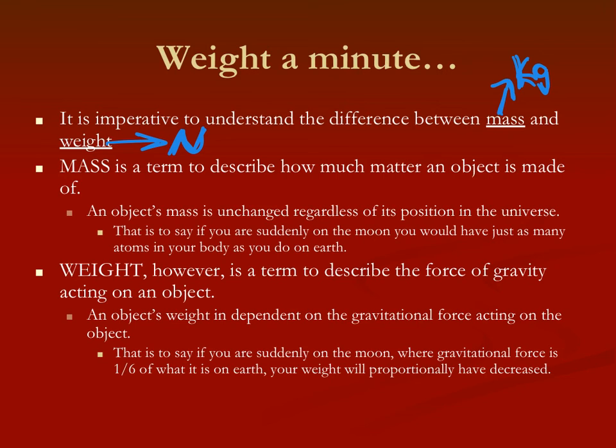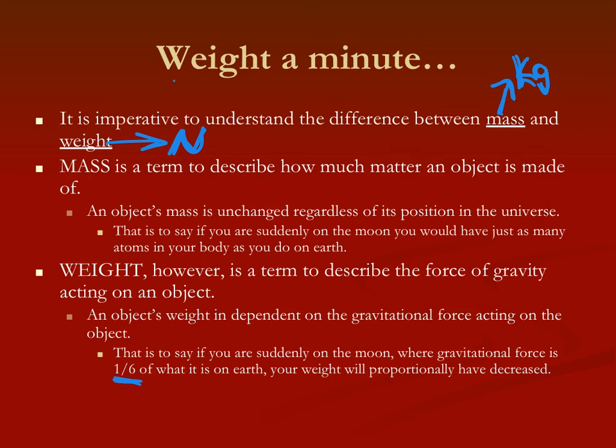You're still made up of the same amount of stuff, but the weight, if you were to step on a scale and take your weight on the moon, it would be much less. Okay? So regardless of where an object is in the universe, its mass is going to be the same. Depending on what objects are around you, your weight is going to be different. And so mathematically, because the moon has a mass that's about 1/6 of the Earth, your weight on the moon is going to be about 1/6 of what it is on Earth.